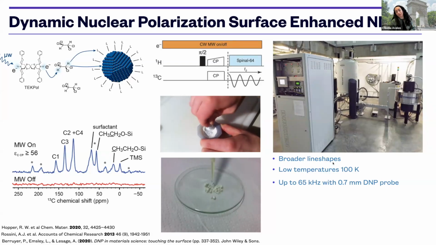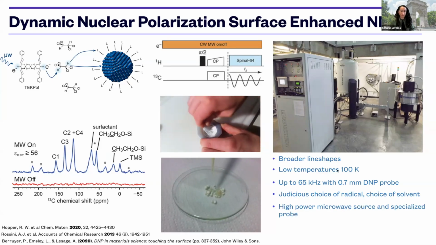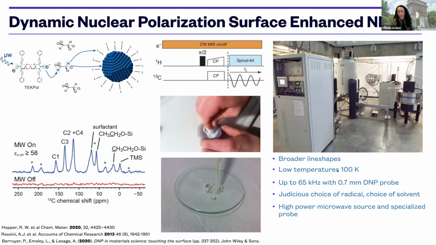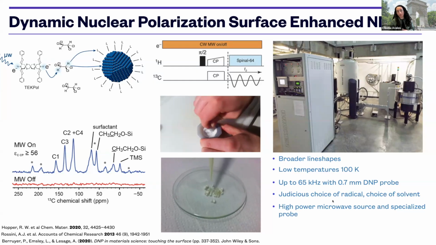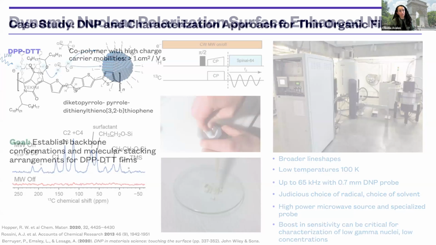So yes, you end up getting broader line shapes. You have to do this at lower temperatures. You have to be smart about the choice of radical and solvent, but there are some that work generally well across the board. You need a high microwave power source and specialized probes, but this boost in sensitivity can be critical for low gamma nuclei and low concentrations.